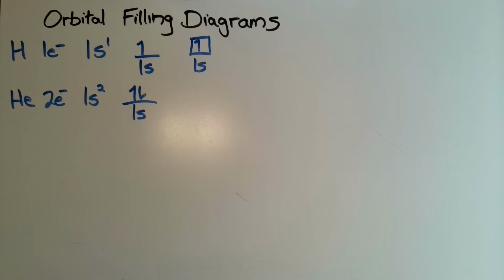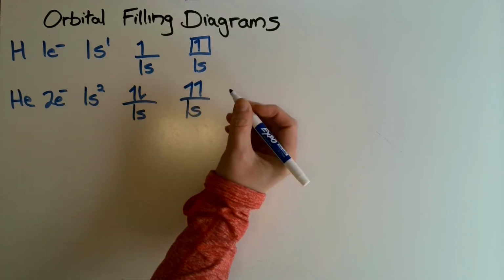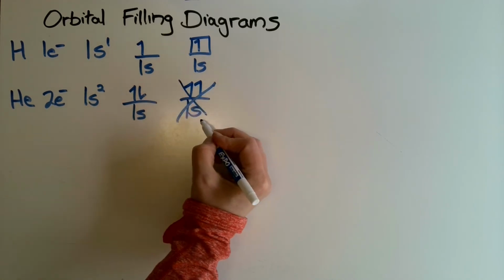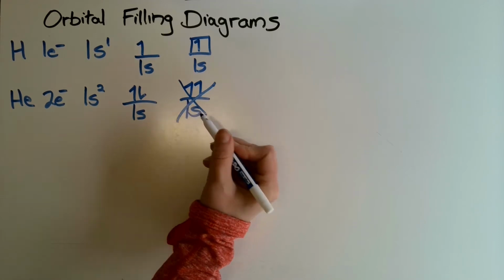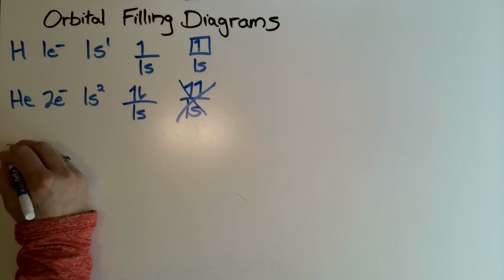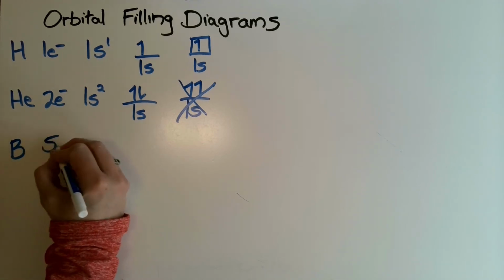So that represents the Pauli exclusion principle, showing that no 2 electrons in this same orbital can have identical spins. So if you tried to write the orbital filling like this, that would be incorrect because it violates the Pauli exclusion principle.